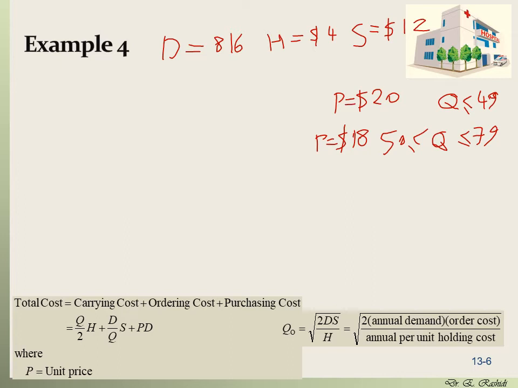If they order between 80 and 99, you're going to get another discount and the price would be $17. And if they order 100 and more, they're going to get another discount and the price would be $16.